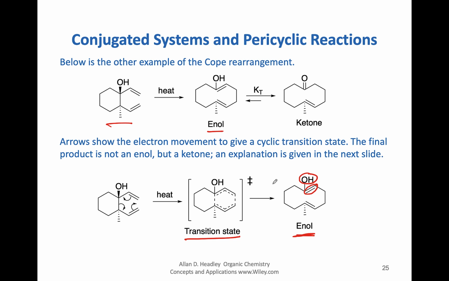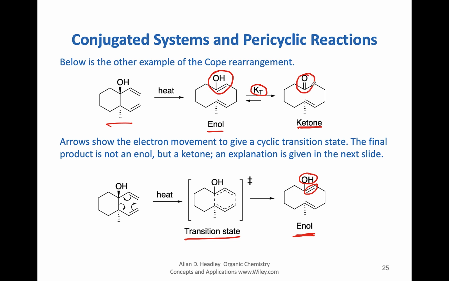They quickly tautomerize to give the keto form as we've shown here. So this Kt represents the keto-enol tautomerization to give the more stable ketone as shown here. So this enol gives the ketone.